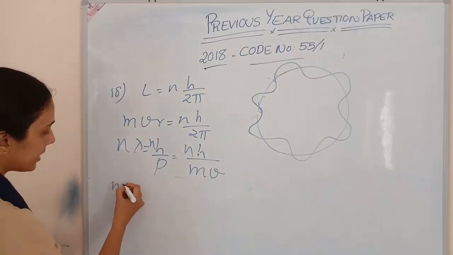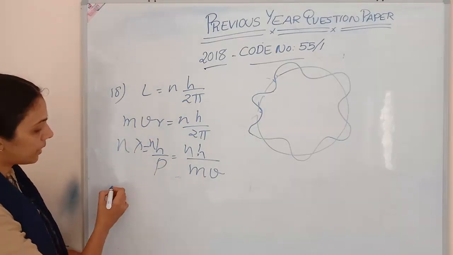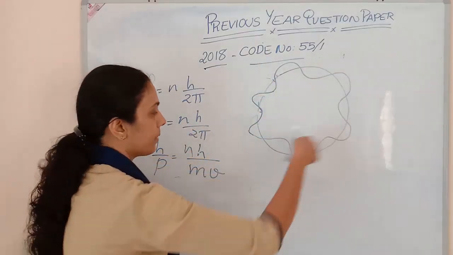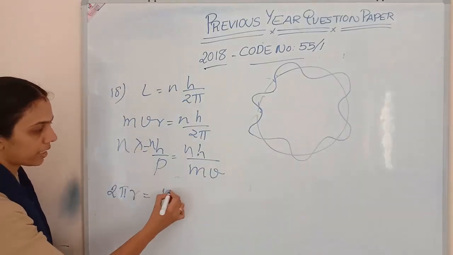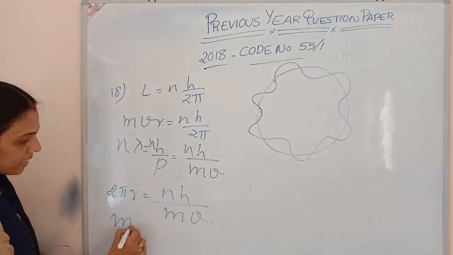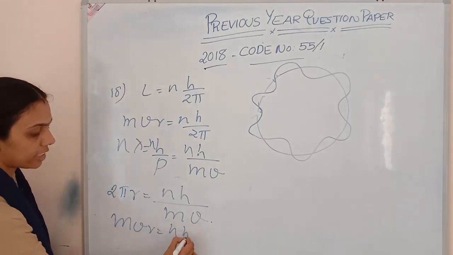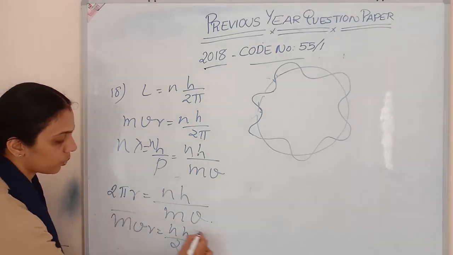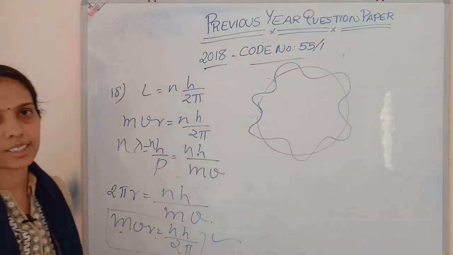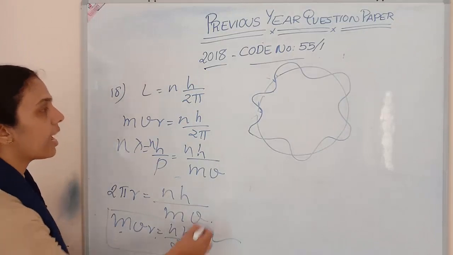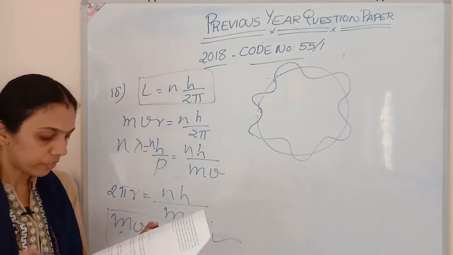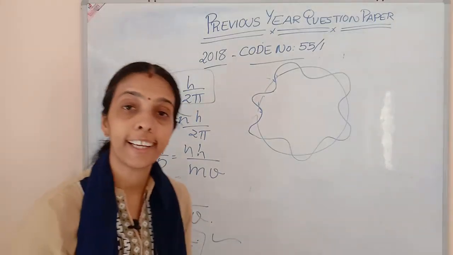So here n lambda we can write as 2 pi r, n times the wavelength. So that will be equal to 2 pi r into nh by mv. So we can write it as mvr equals nh by 2 pi. What is mvr? That is the angular momentum. Angular momentum equals nh by 2 pi. This will help to define stable orbits in hydrogen atom.